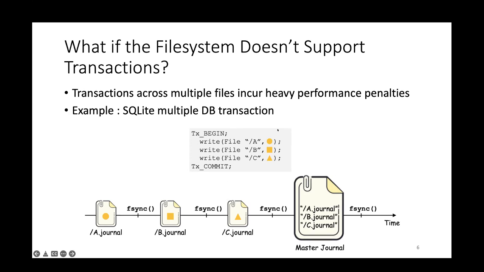And keeping these journal files consistent and persistent involves a lot of fsyncs, at least in this example, which, as we'll see later, can significantly increase write amplification and the time it takes for a transaction in general.